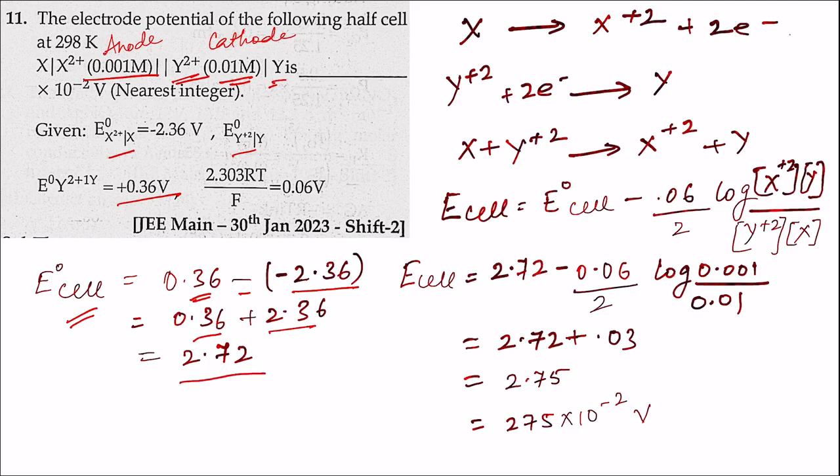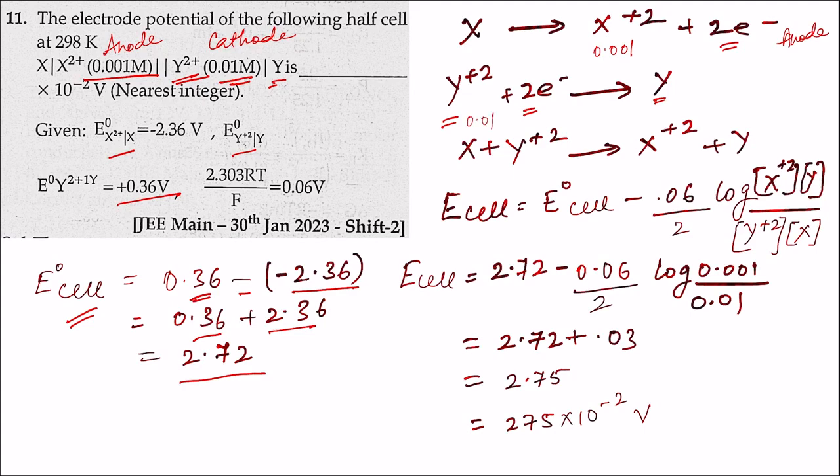The reaction at the anode is X changing into X plus 2 ion, giving 2 electrons, and the concentration of the ion is 0.001 moles per liter. And at the cathode, Y plus 2 is accepting 2 electrons and changing into Y, and the concentration of the Y plus 2 ion is 0.01 mole per liter.